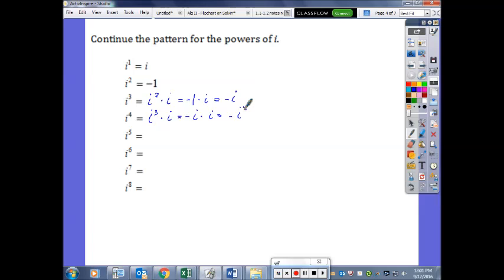And -i squared, since i squared is -1, is the negative of -1, in other words, +1. i to the 5th power can be split down into i to the 4th power times i. We already know that i to the 4th power is nothing else but the number 1. So 1 times i, which is equal to i.